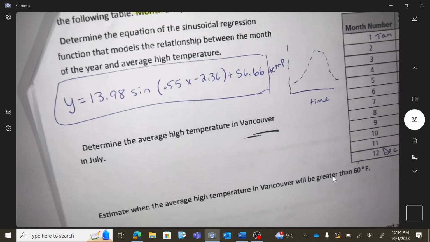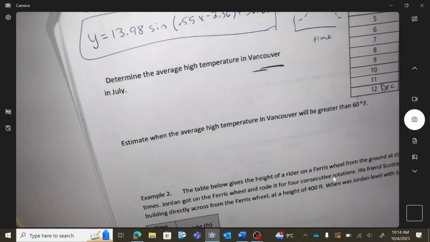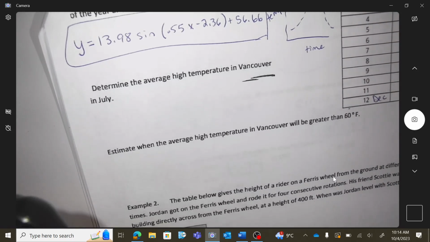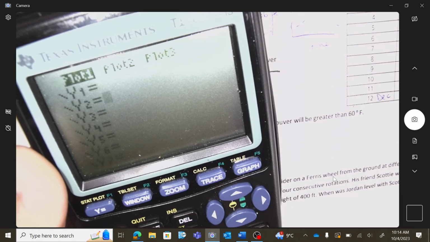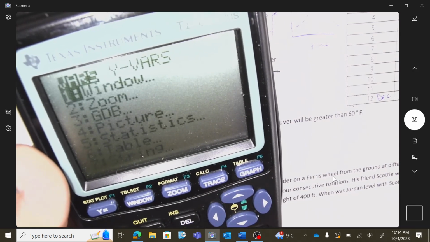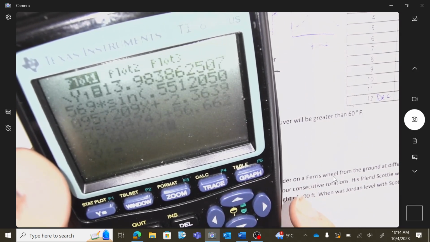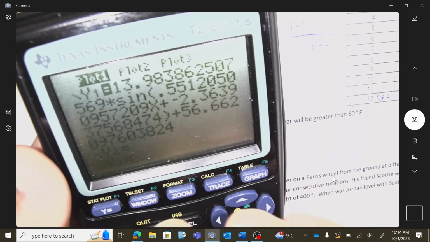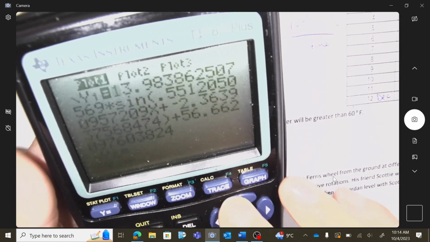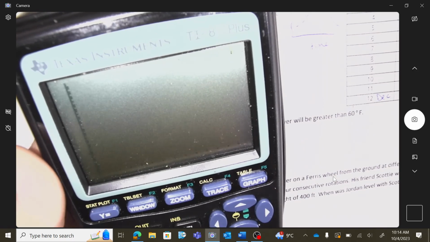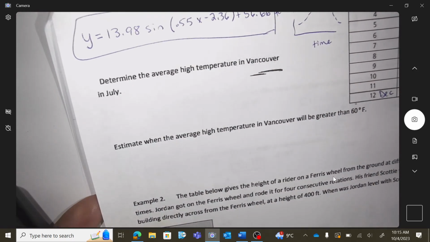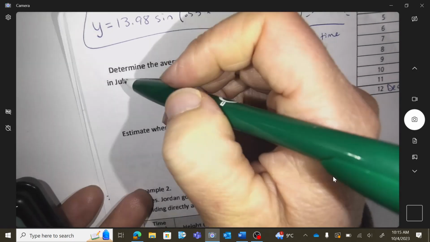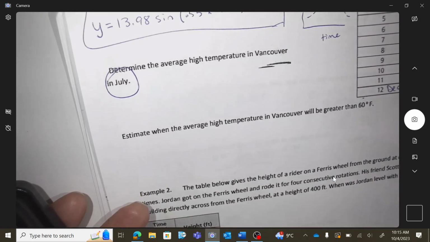Okay, so use your curve to determine the average temperature in January. So obviously I got to copy and paste it in there. Same idea. Copy paste it. I'm actually going to deactivate my plot as well. Okay. July. What do we know about July?